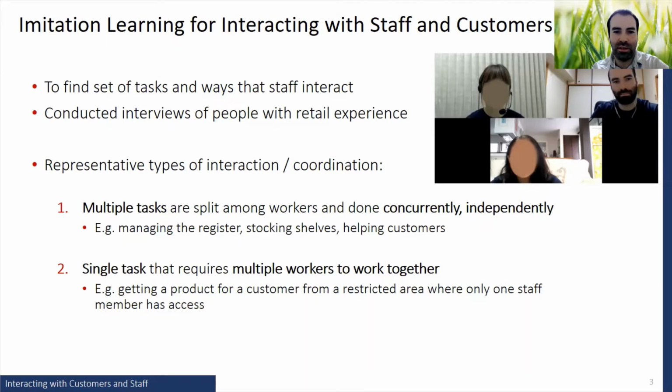The interesting thing about these types of tasks is that the robot would need to know about other staff members' preferences, skills, and abilities to properly split up the tasks. And the second type of representative interaction is single tasks that require multiple workers to work together. For example, when getting a product for a customer from a restricted area where only one staff member has access.